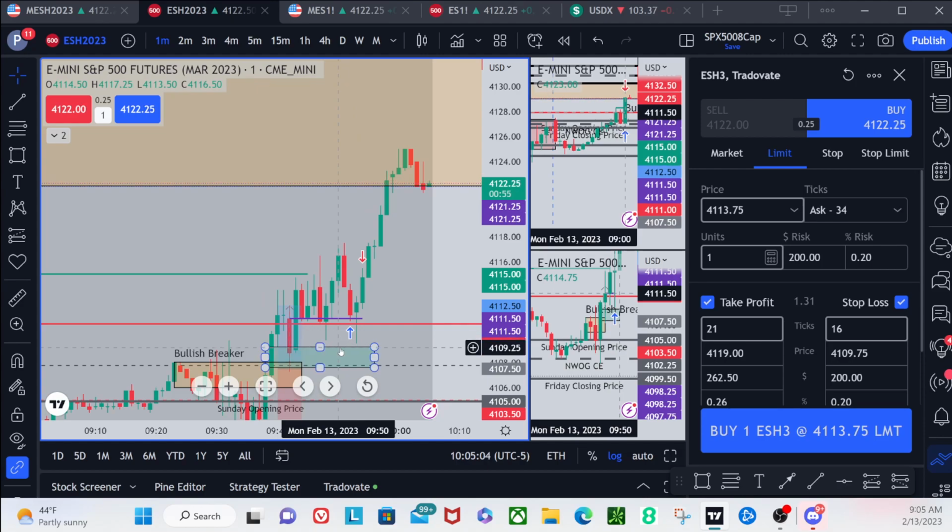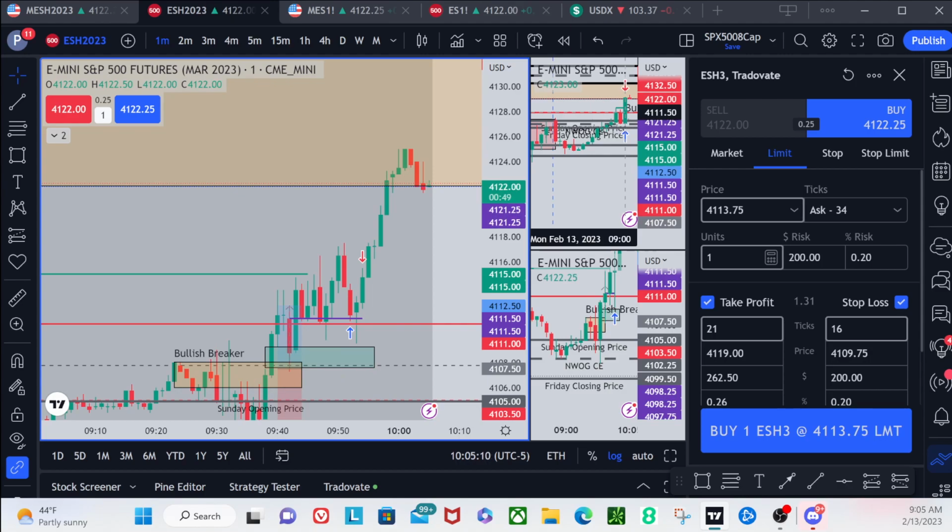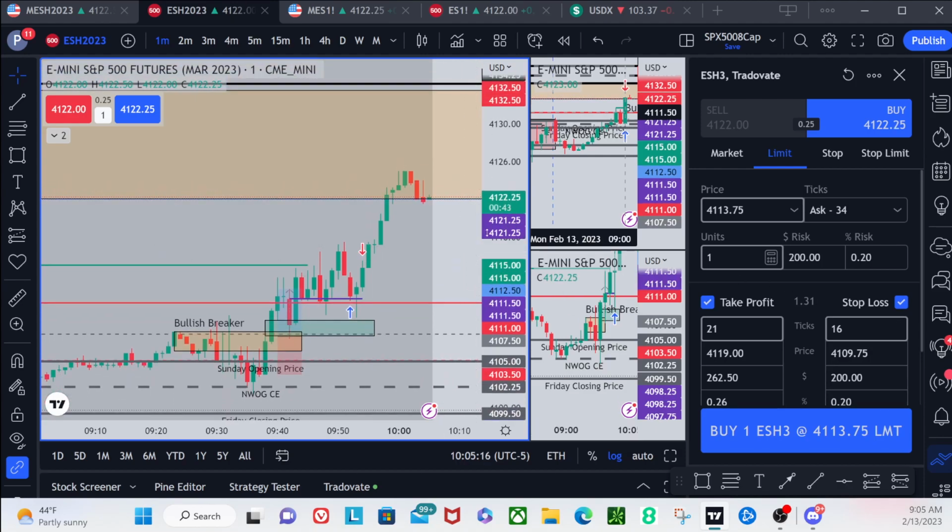Does price support it here? That's what I'm watching at the low end of that 15-minute fair value gap. If it starts to run as soon as it hits this level, should it do so, I don't know if it's going to. Should it do that, you want to screenshot your chart as soon as it does that, and then log it and annotate what you've observed this morning.